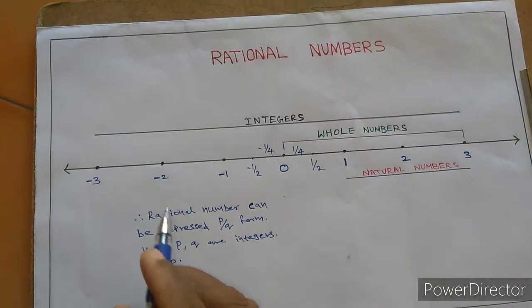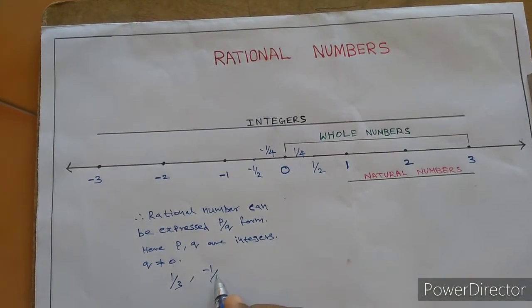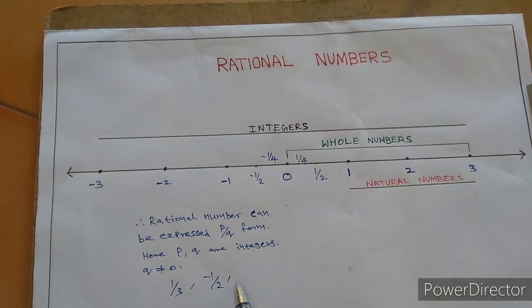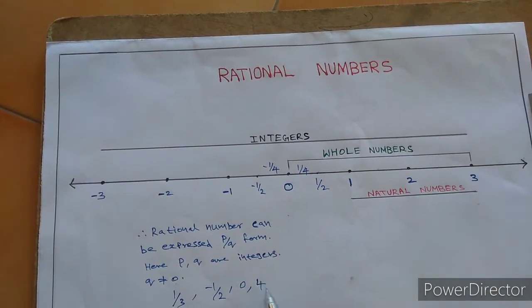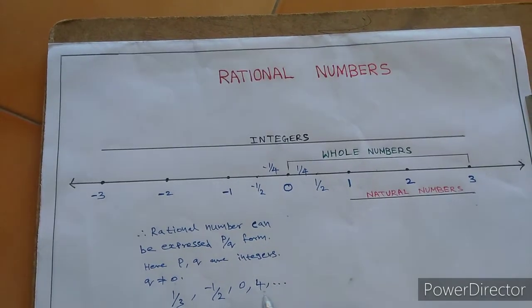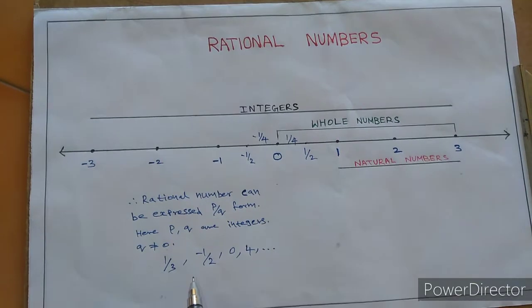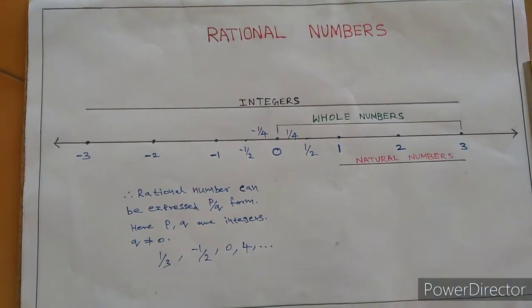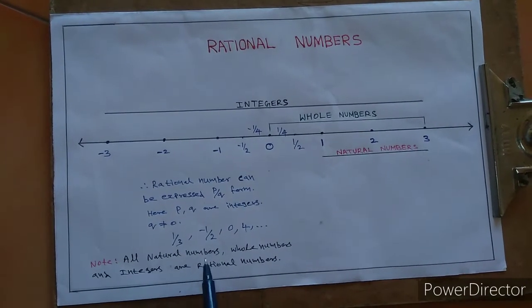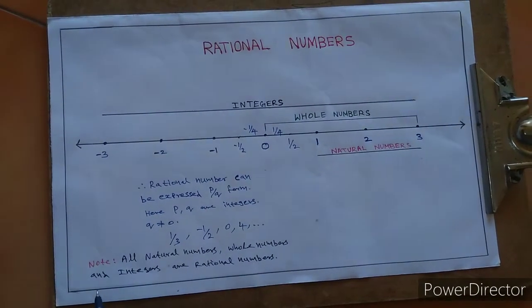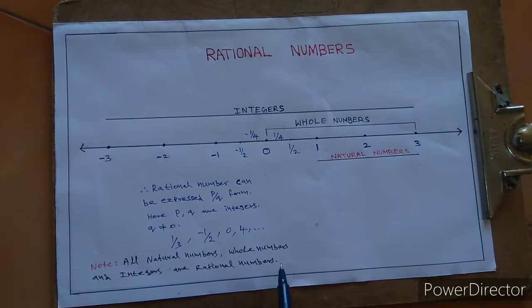I will take negative integers, minus 1 by 2, then 0, then 4 and so on. These are called examples for rational numbers. Note, all natural numbers, whole numbers and integers are rational numbers.